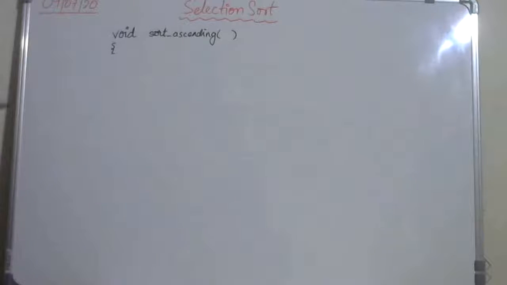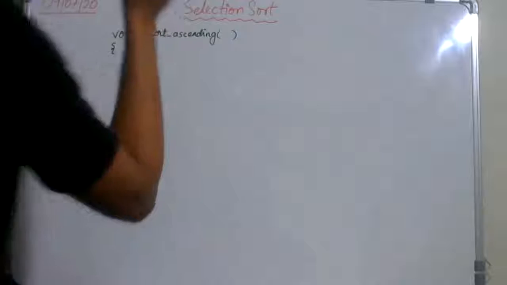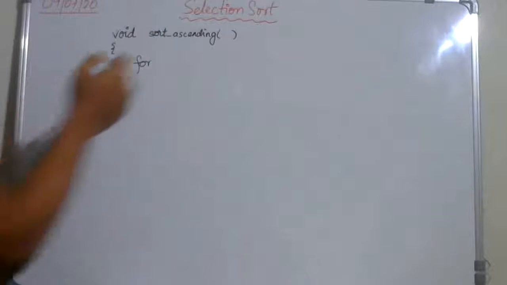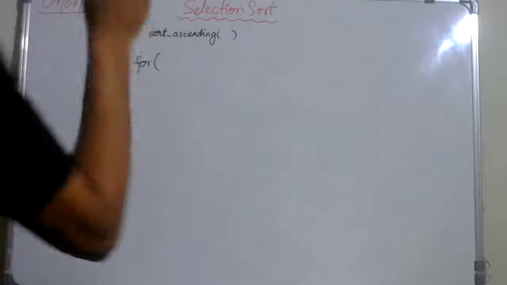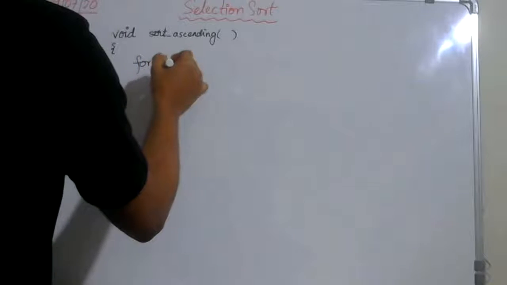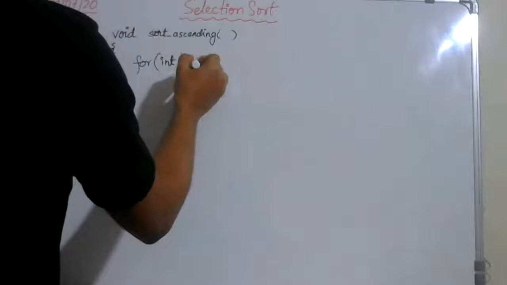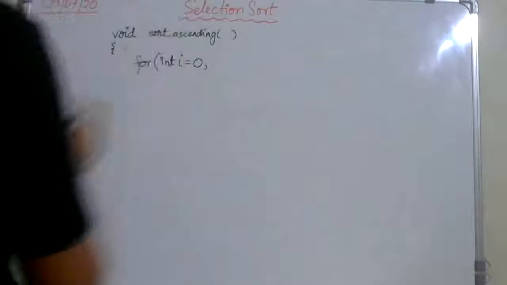So the iteration where we were selecting a position will need a loop. So we'll be using a for loop for that. For int i, it will basically always start with the first position of the array.